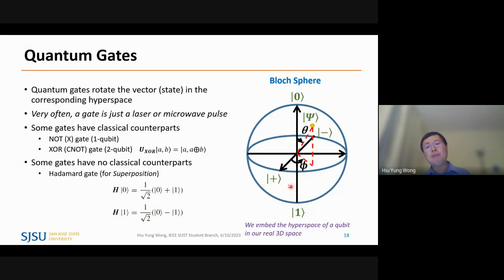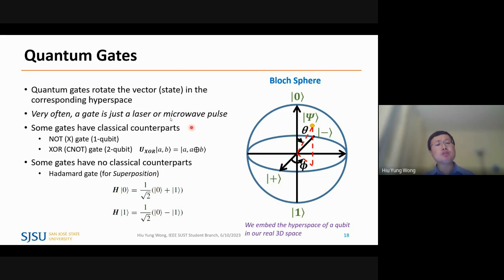If you have a superposition, 0 plus 1 is here, 0 minus 1 is here. And any arbitrary state will be somewhere there. So when you apply a quantum gate, you actually rotate or move the point along this Bloch sphere. This is just an abstract description. But how do you do it physically?